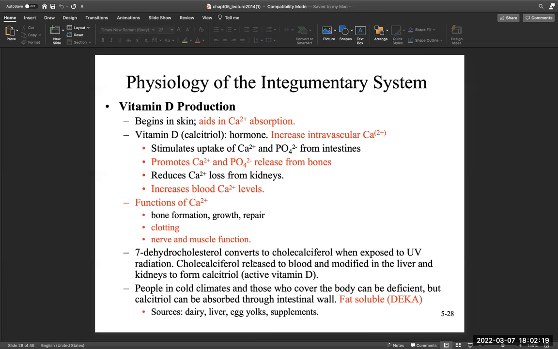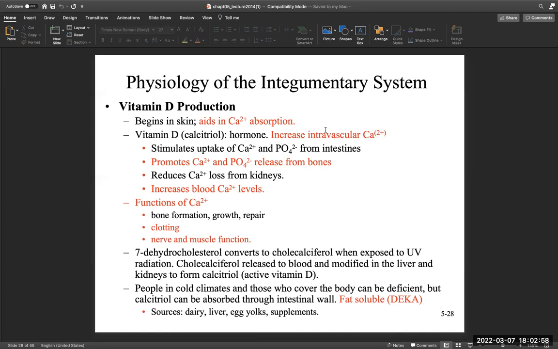Now, obviously in Wisconsin, during the winter, we're not going to be exposing our skin to a lot of sunlight. So the one thing we can do is to take vitamin D as a supplement. This vitamin D supplement will then replace our native endogenous vitamin D. And it's very important because vitamin D promotes calcium and phosphate absorption and storage.